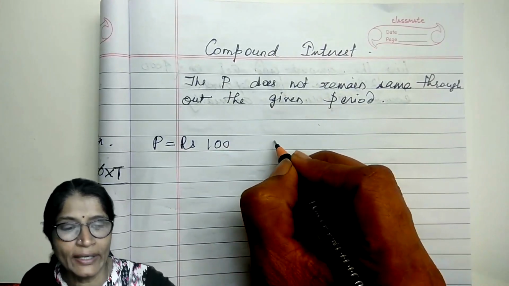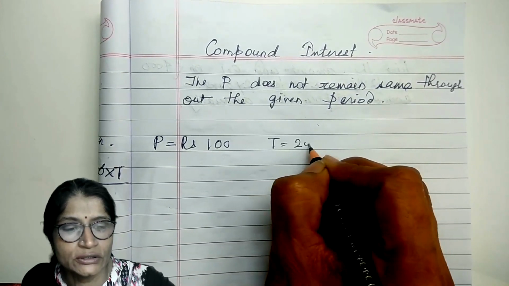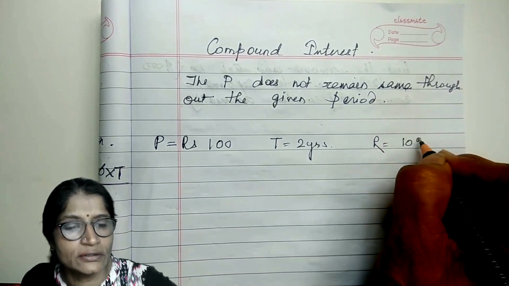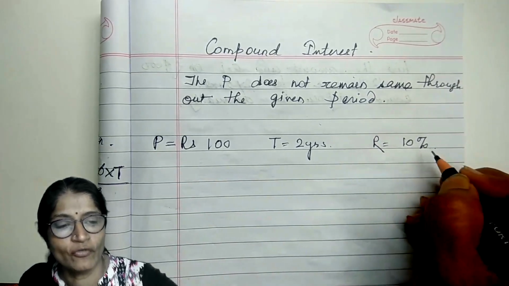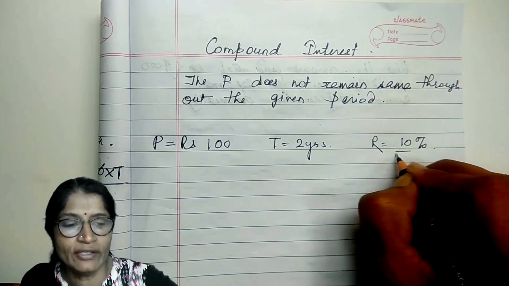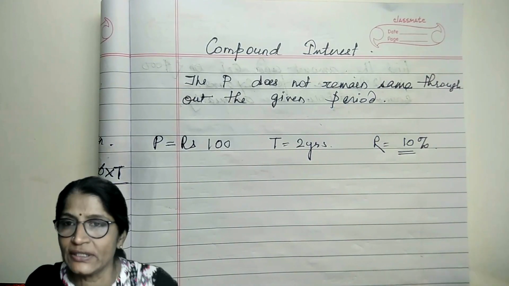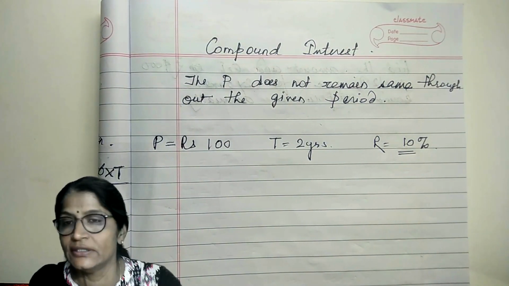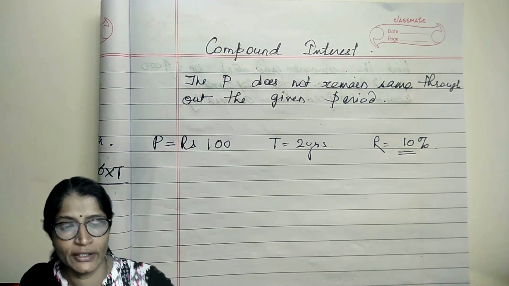And for how long I have borrowed: for time, that is 2 years. And at the rate of interest 10%. It means for the first year I will give him 10 rupees at simple interest, and for the second year also 10 rupees simple interest.